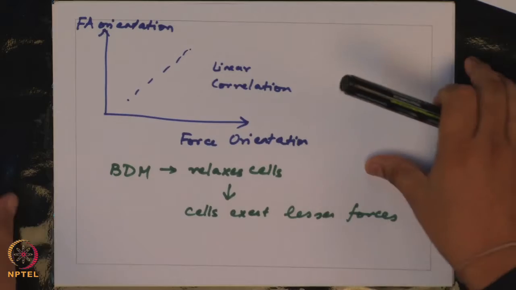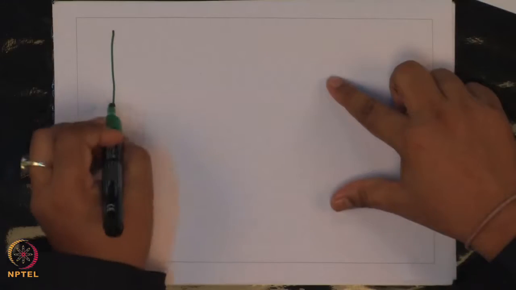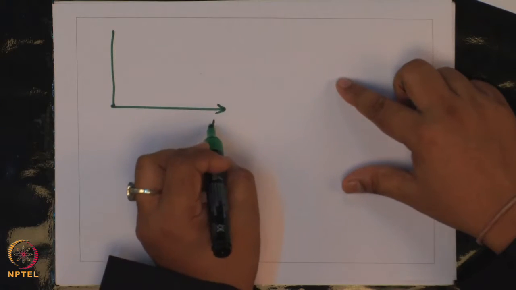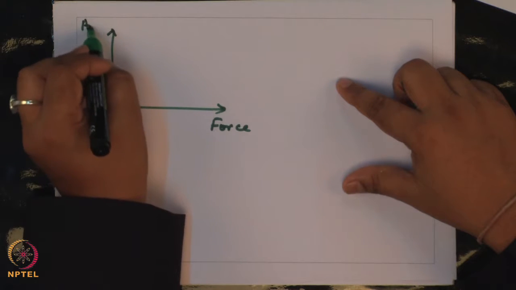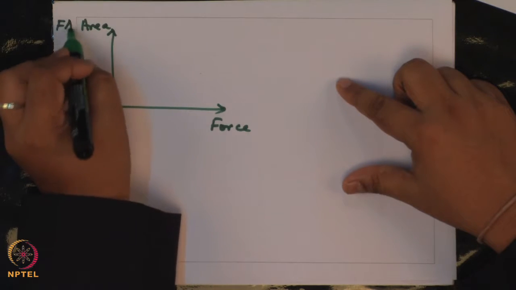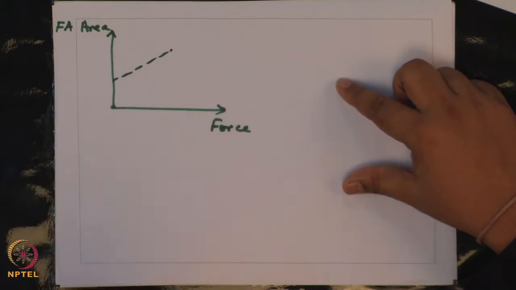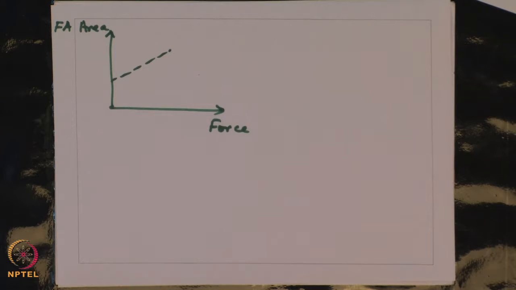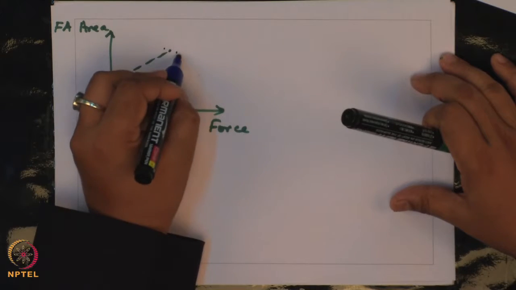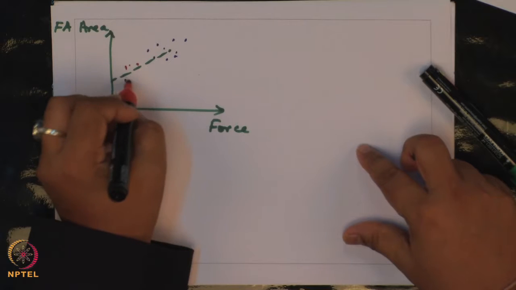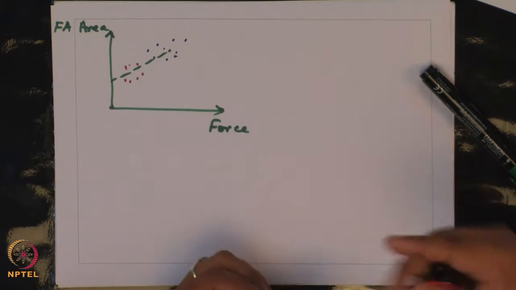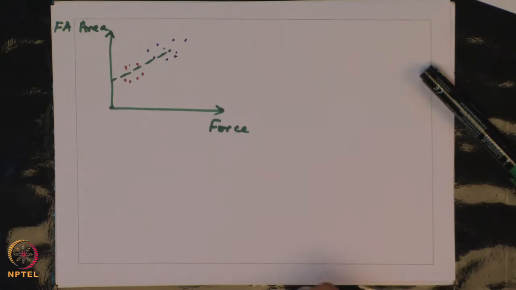Okay. So, what they observed by doing this experiment, if I were to draw this curve again between force and FA area, the nature of the curves remains the same. Okay. So, if earlier points were up here, in the presence of drug, these points shifted to the left, but they fell on the same line. Okay.